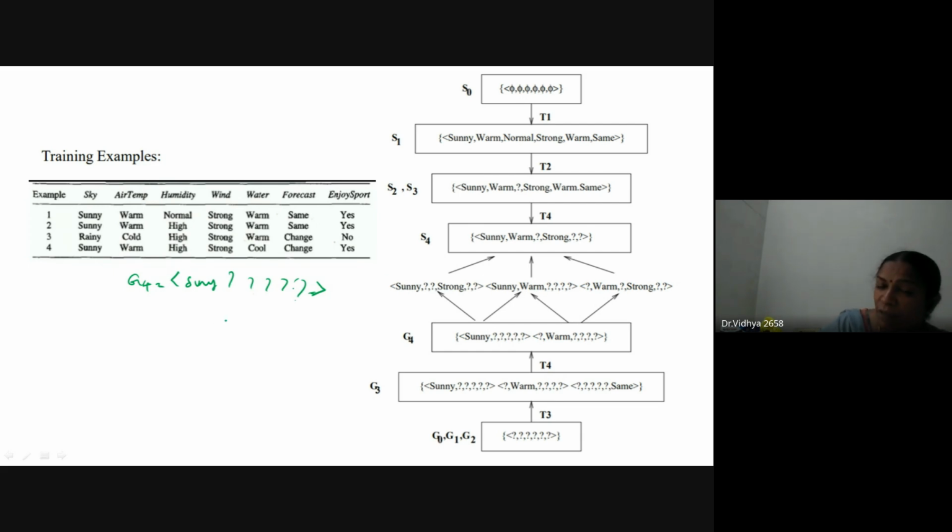If it is supporting, we kept only those instances, otherwise those instances were also removed. So finally in G4 we will be getting sunny, then the rest question marks. Then another one is warm, and the rest of the attributes were combined as question marks. Okay, so we have derived G1, G2, G3, and also G4.